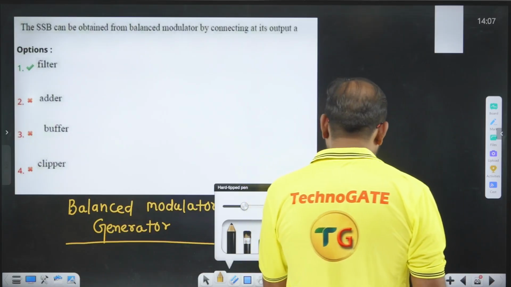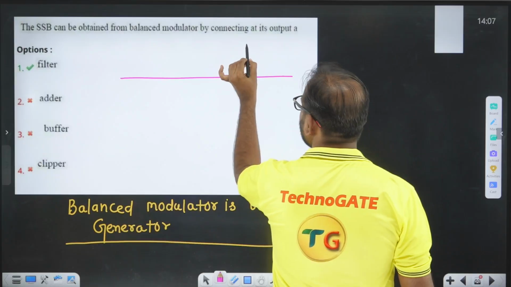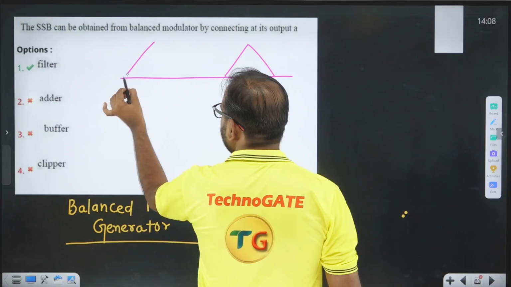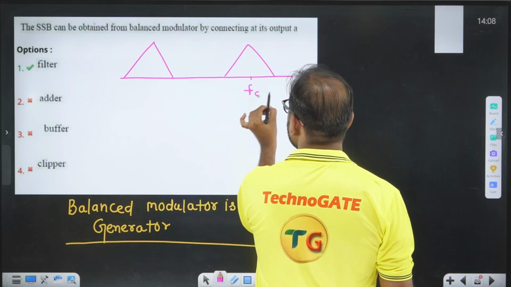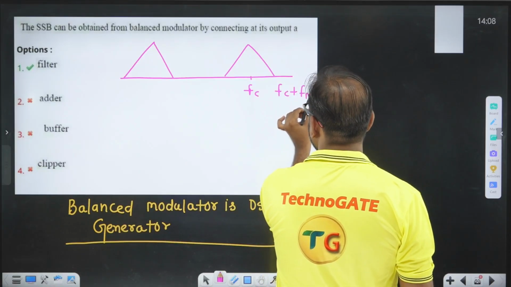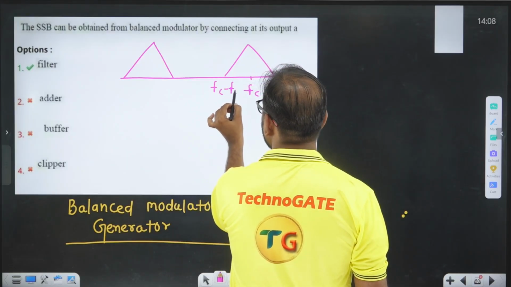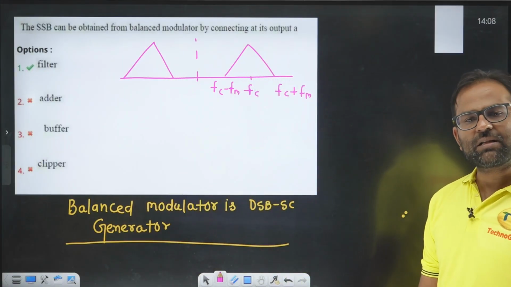So when you generate the DSB SC, you are having this kind of signal. Always remember, this is one DSB SC. You are having double sideband with no carrier. This frequency is fc, this frequency is fc plus fm, this frequency is fc minus fm. And always remember, all Fourier transform expressions are symmetrical.